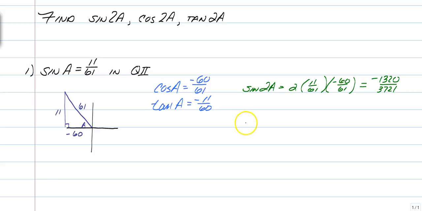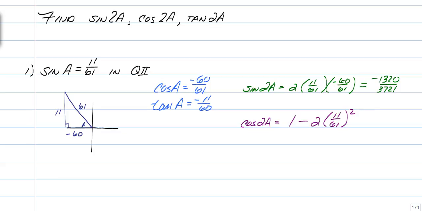Now let's work with the cosine of 2a. You will notice that there are 3 different formulas for the cosine of 2a. Choose any one you want. It doesn't matter. I'm going to use 1 minus 2 sine squared a. Why? I don't really have a reason for it. I'm just going to use it. So 1 minus 2, and then we have sine given as 11 over 61, so I'm going to use 11 over 61 squared, of course.